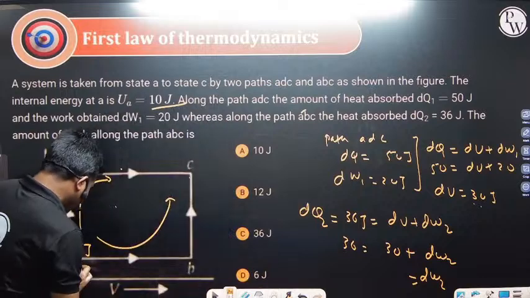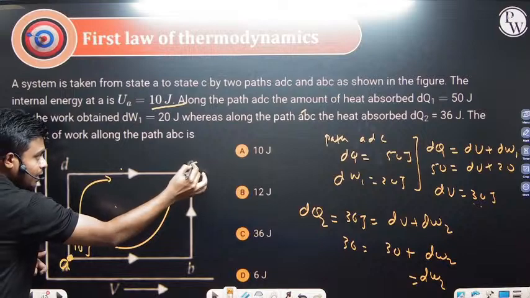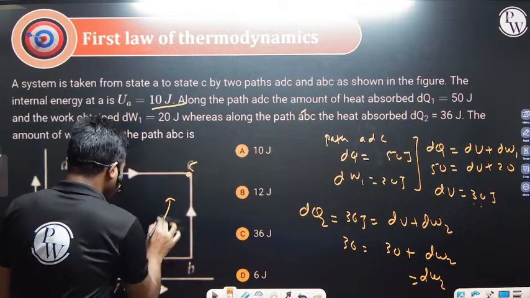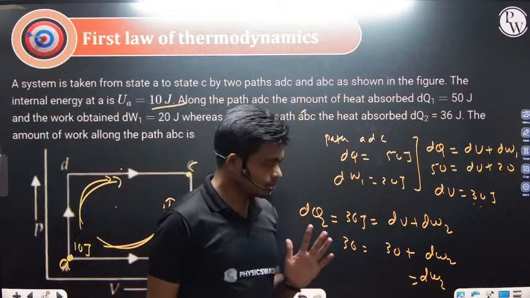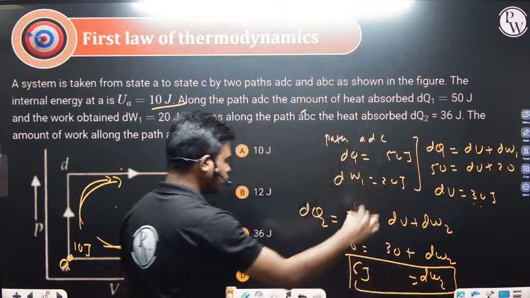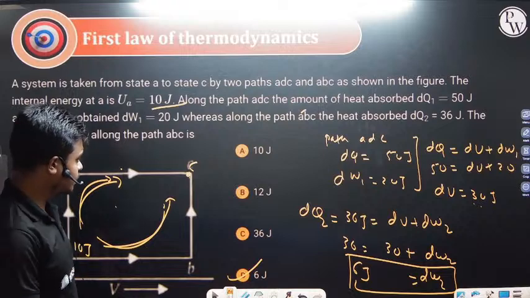You are going from initial point A to final point C, so there will be no change in internal energy whether you go by this path or this path, because internal energy is a state function. So from here we got 6 joule. So dW2 is 6 joule. Work done along this path is 6 joule. That's it.